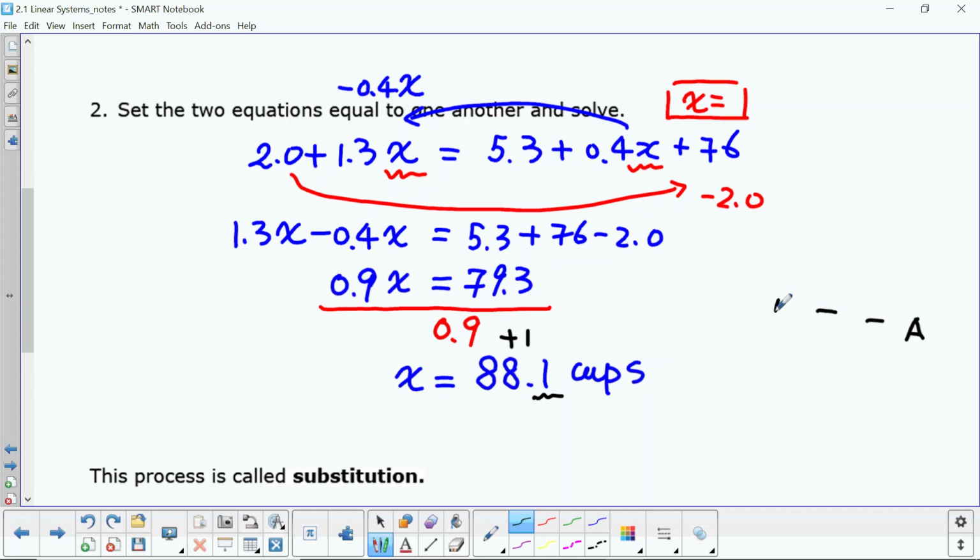This is cup A, this is cup B. If you have 88 cups, then cup A doesn't reach cup B. We need to add another one here. Even if you need 0.1 and we don't have 0.1 cups, we need plus 1 cup for a real life situation question. So we are going to say therefore we need 89 cups.